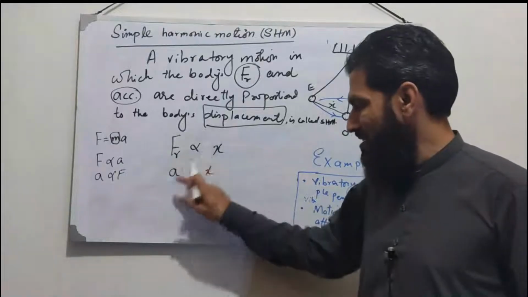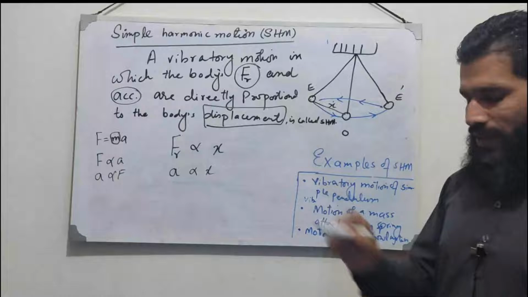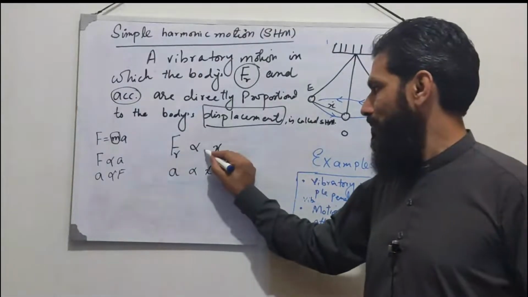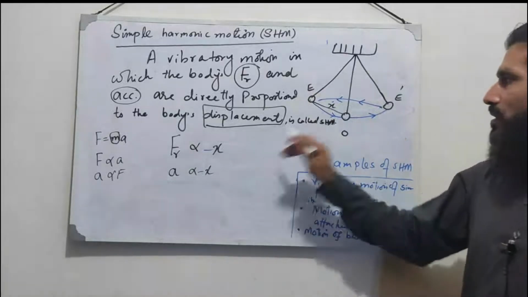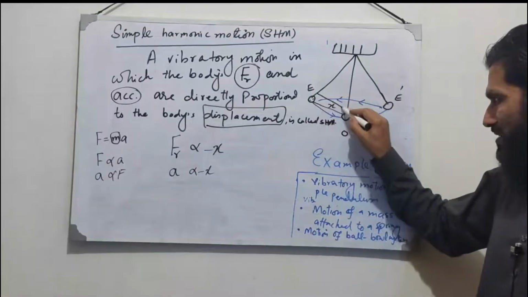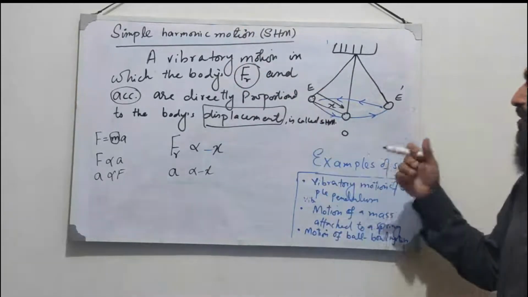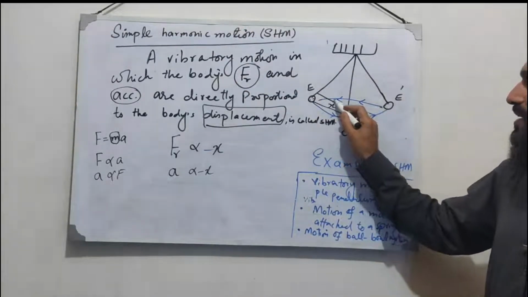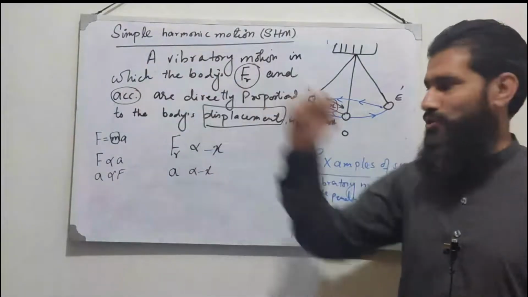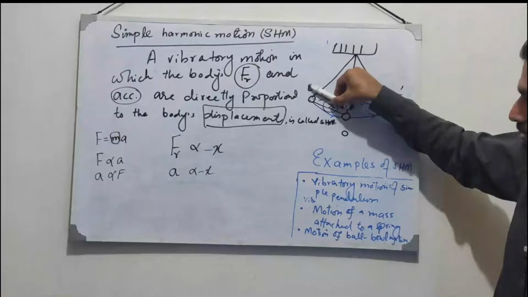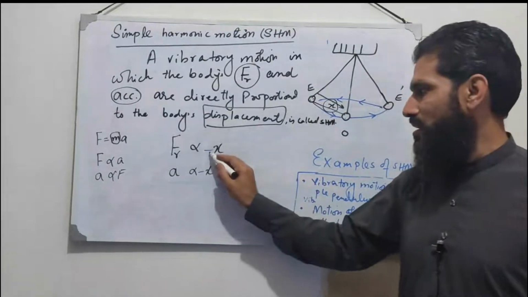So these are the two basic requirements for a body to have simple harmonic motion. Then we use a negative sign. The negative sign is used because the direction of restoring force is always towards the mean position, whether the body is going away or coming towards it. And the direction of displacement is always away from the mean position. Since these two are in opposite directions, a negative sign is used here.